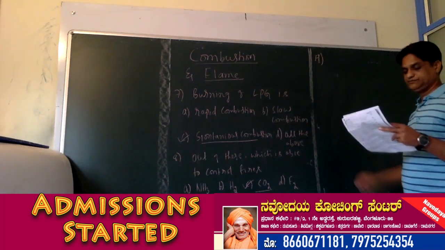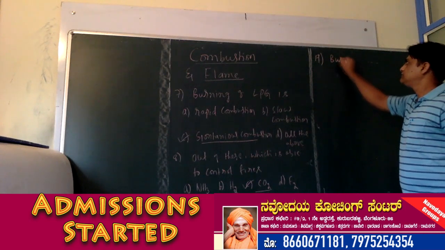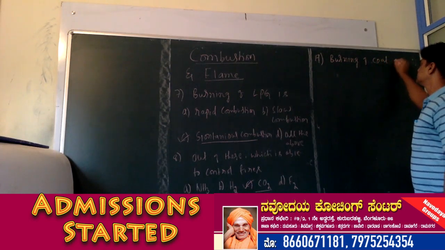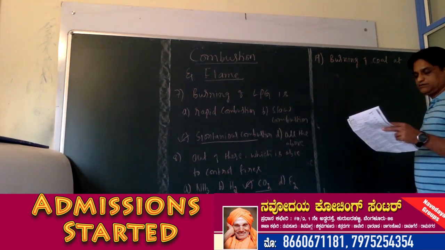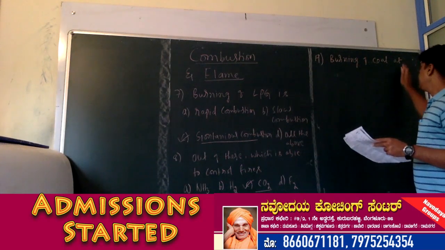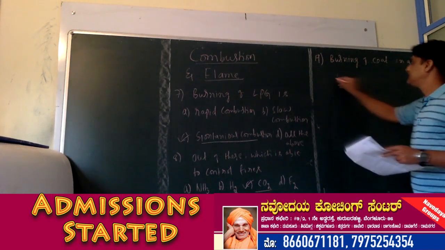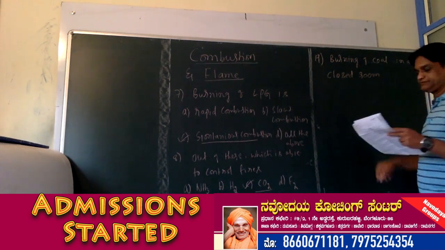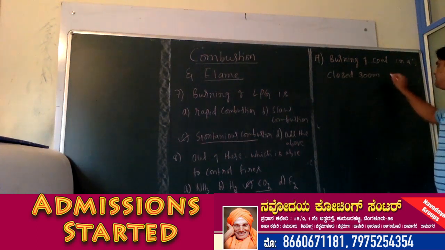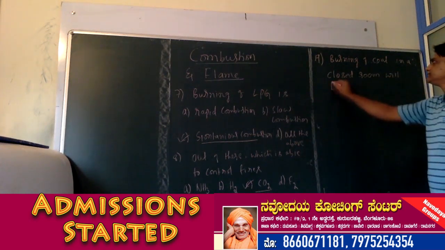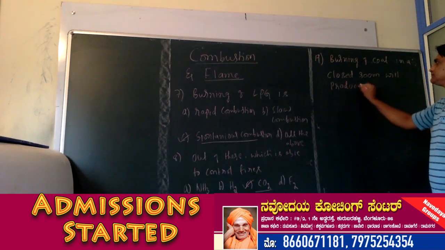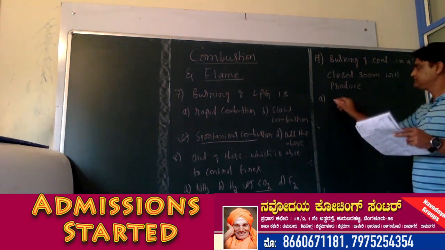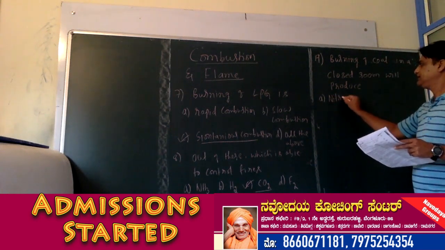Next question. Burning of coal in a closed room will produce: option A, nitrogen oxide.